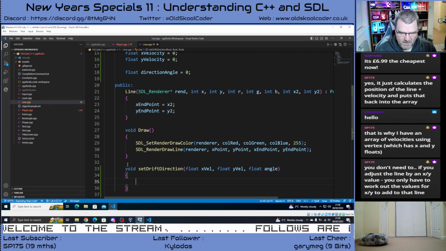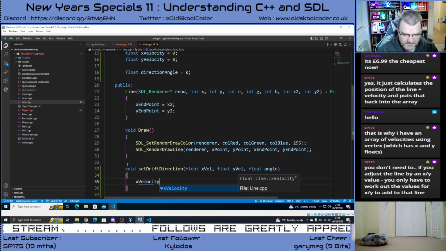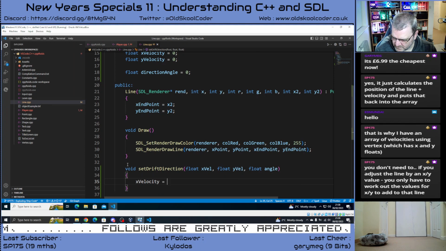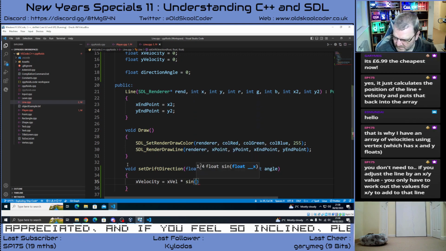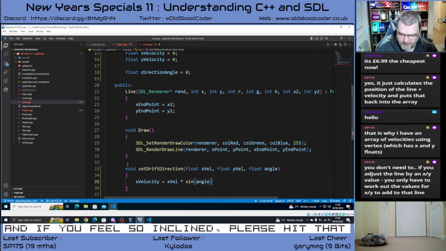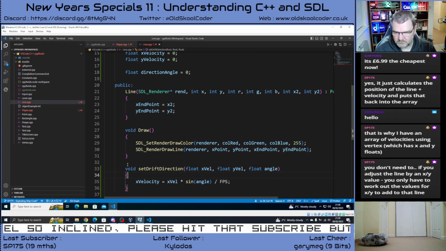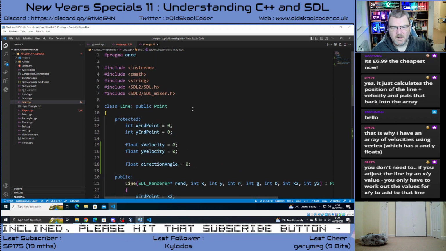So to work out, right, x velocity equals x vel times by sine, open bracket, angle, divided by the frames a second. Now I bet constants are not in here, is it?